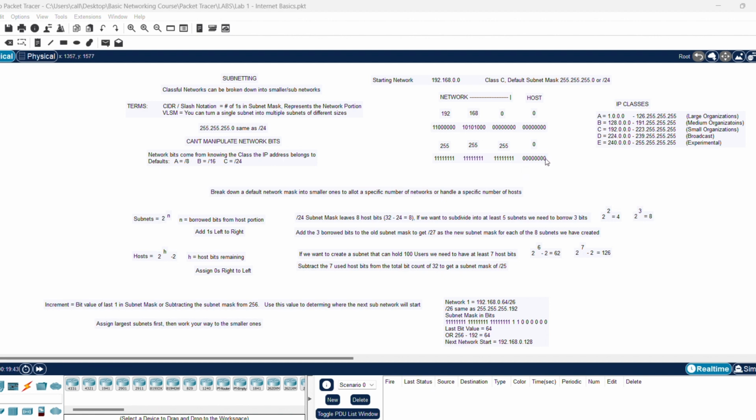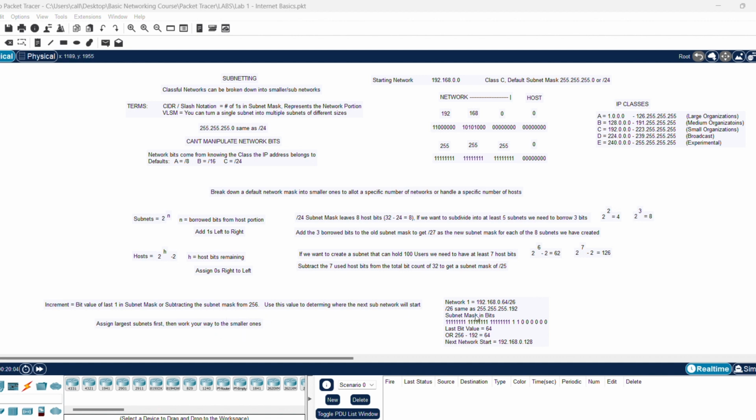So the first bit is 1, and then 2, and then 4, then 8, then 16, 32, 64, 128. Or if you don't want to mess with the binary, you can subtract the subnet mask from 256.